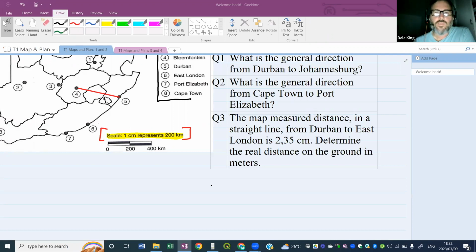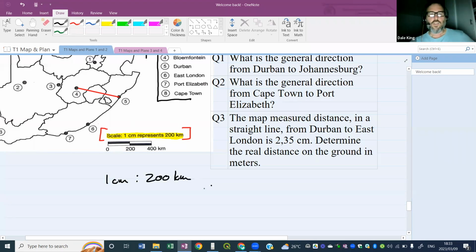All right. We've got all kinds of different numbers here. Let's have a look. So we've got a ruler measured distance of 2,35 centimeters. So we need to use our scale. We want to know the real world distance, so we have to use our scale to go to the real world. So 1 centimeter is to 200 kilometers.